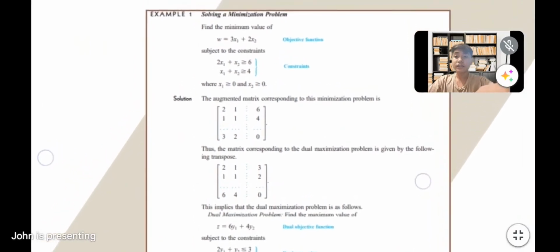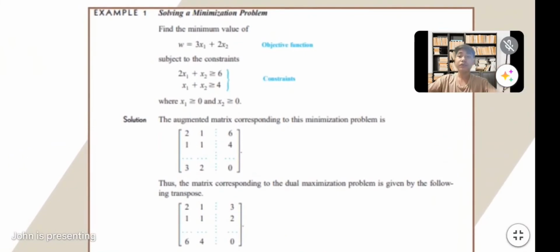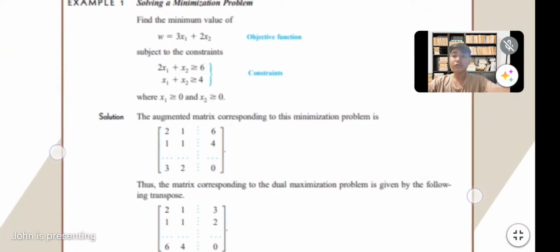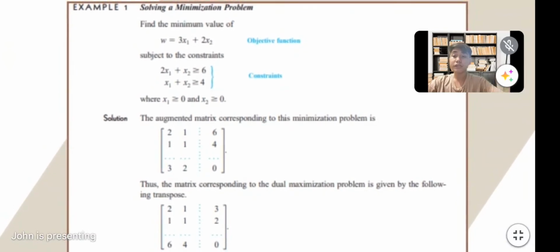First, find the minimum value of w equals 3x sub 1 plus 2x sub 2, subject to the constraints 2x sub 1 plus 2x sub 2 is greater than 6, and x sub 1 plus x sub 2 is greater than 4, where x sub 1 is greater than 0 and x sub 2 is greater than 0.